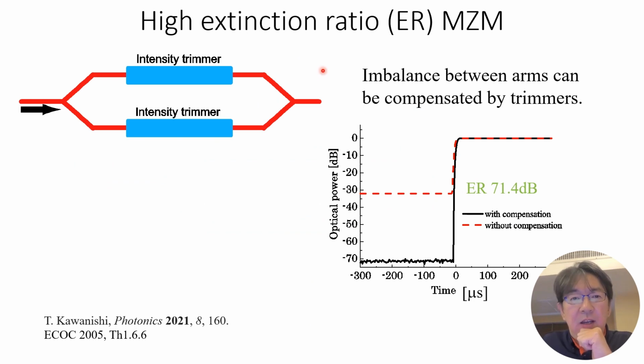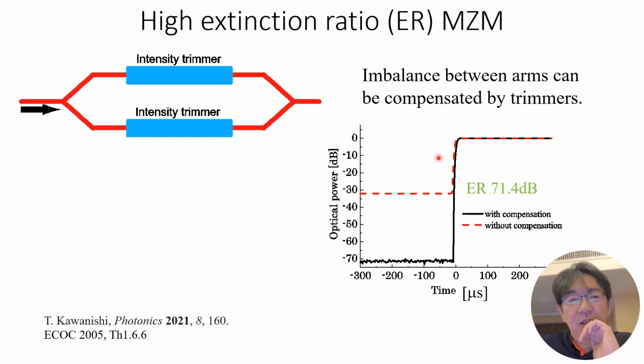Okay, here I'd like to move on to the last topic in this video: high extinction ratio Mach-Zehnder modulator. As I mentioned, in the ideal Mach-Zehnder modulator, in the off state, the output goes to 0. But of course, in actual devices, there is some imbalance due to fabrication error or something else.